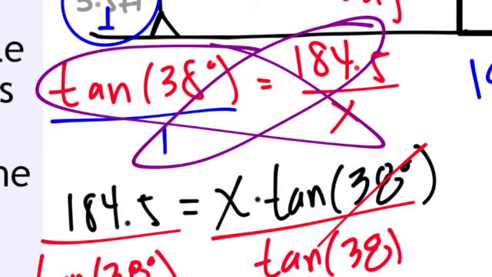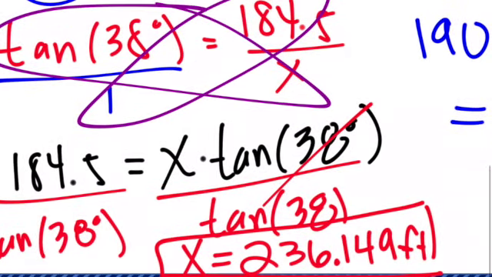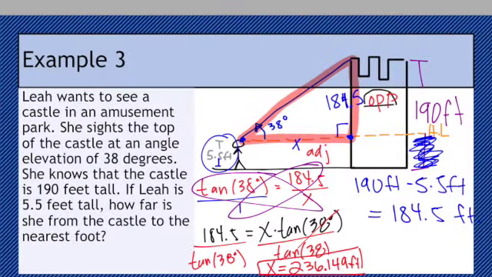And I get x equals 236.149. So she is, let me get the distance, feet. The units are going to be important for word problems. All right, 236.149 feet.